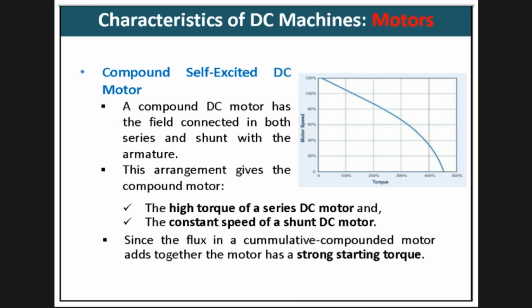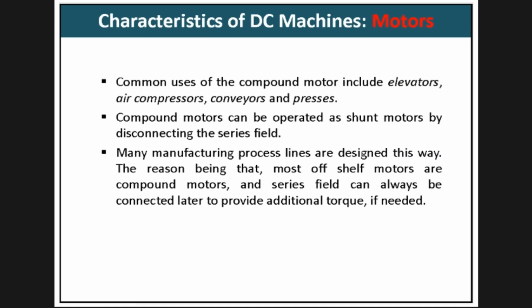And common uses of compound motors include elevators, air compressors, conveyors, and pressers. Compound motors can be operated as shunt motors by disconnecting the series field.